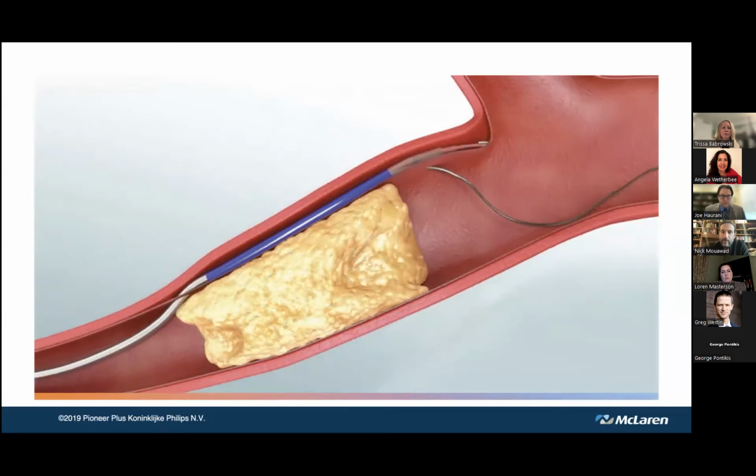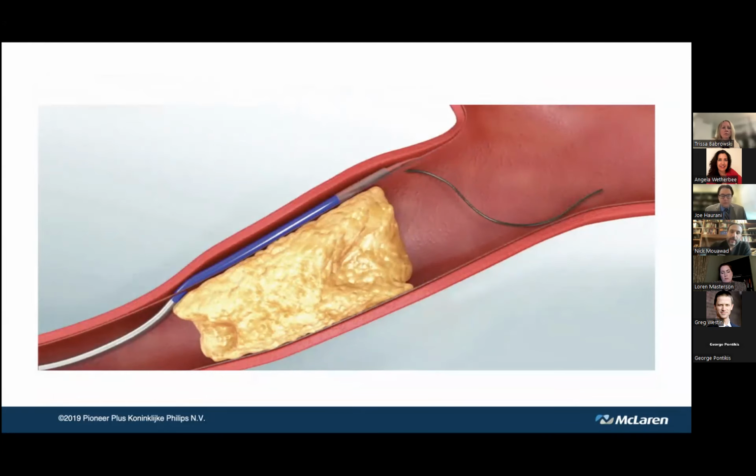Following that, you advance the needle, you advance your 014 wire, and at that point you get true lumen positioning, and then you can confirm that with further IVUS imaging. Of course, now that you're back in true lumen, you need to deal with the CTO, so you can use a variety of adjunctive techniques as necessary. But almost always you need to have stenting because you'll have too much recoil if you don't do something more definitive, such as a stent.